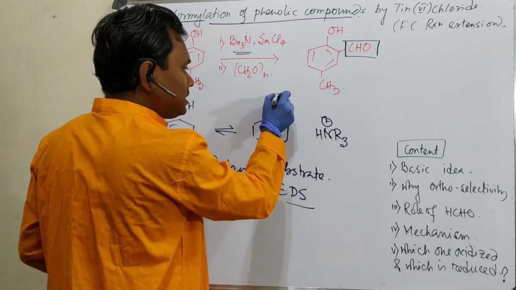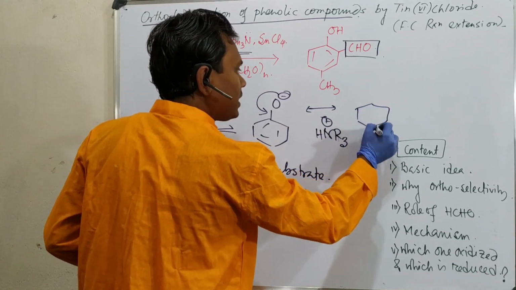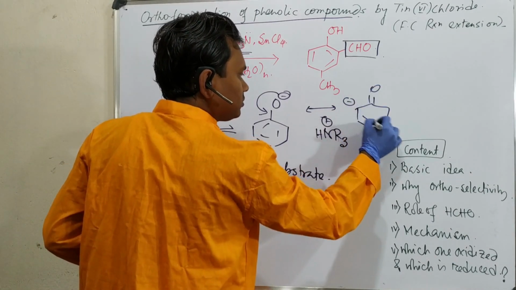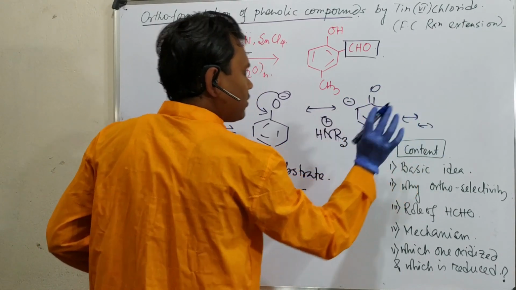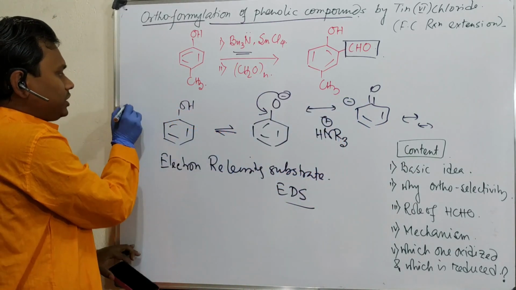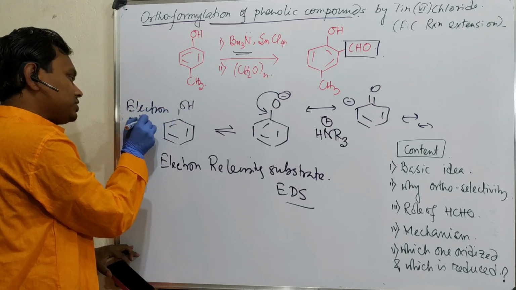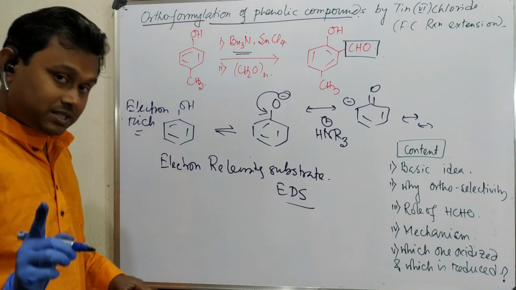So this electron is donated in this way. At the ortho position, other canonical forms are possible. So in this way electron density is delocalized. This means it's an electron rich nucleus. So electron rich is one of the important points, it is essential.